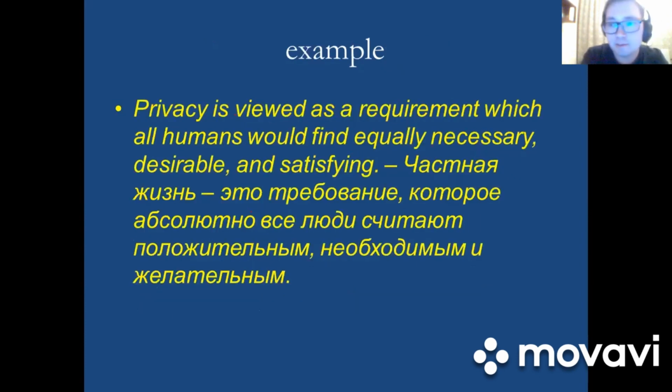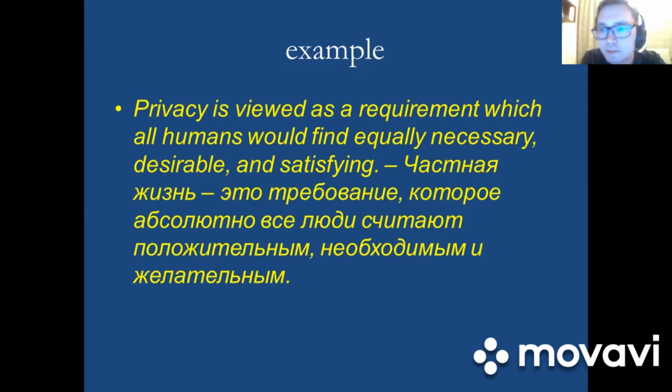Let's look at some examples. Privacy is viewed as a requirement which all humans would find equally necessary, desirable, and satisfying. So please pay attention to the sequence of the words: necessary, desirable, and satisfying, and the way they are pronounced.